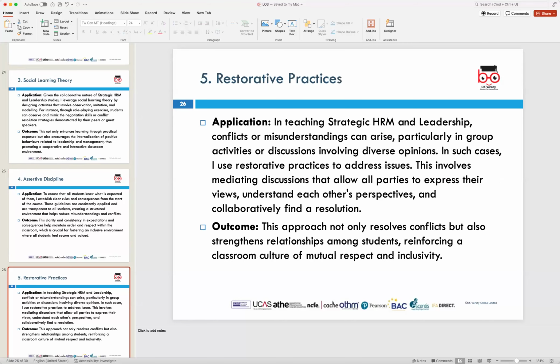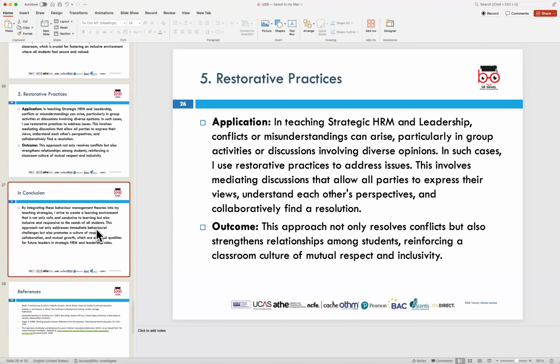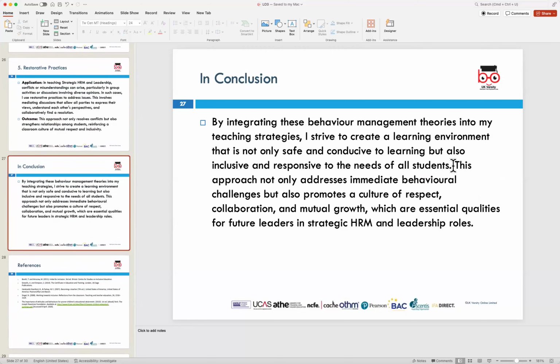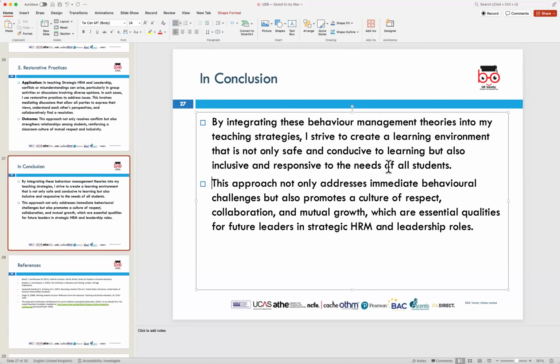Is that okay? Mhm. That would bring us to the end of this particular learning outcome, which is to look at understanding the theories, then understanding what is a safe and inclusive learning environment and how these theories help in creating a safe and inclusive learning environment.